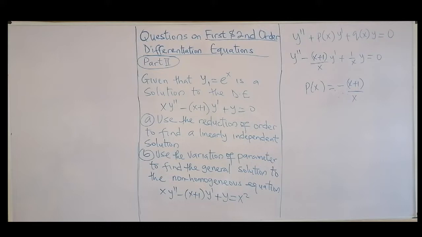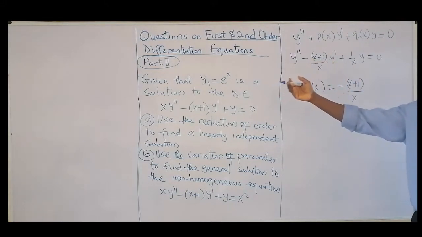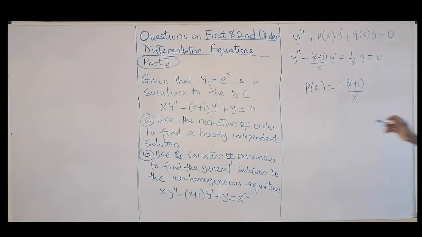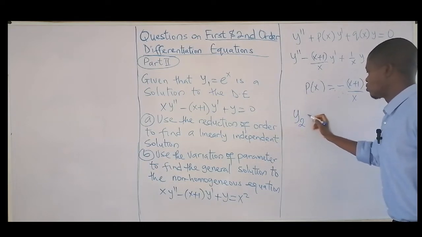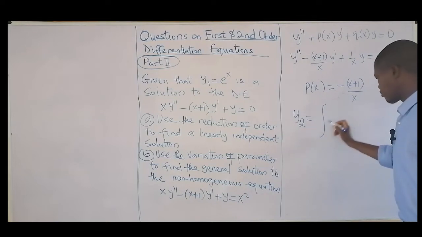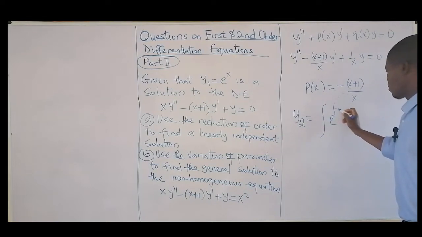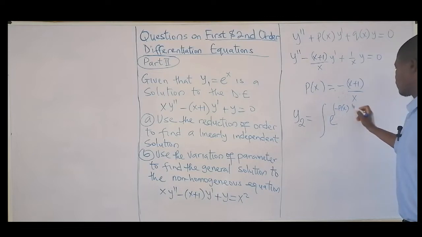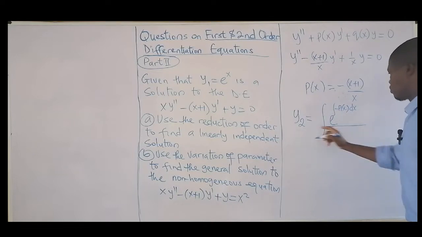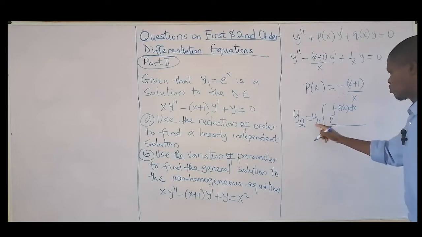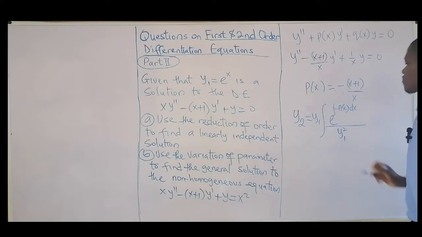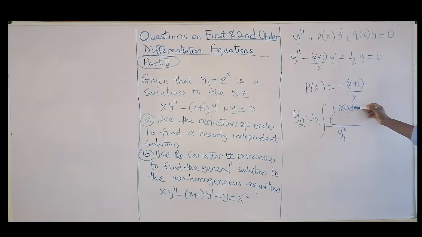And what is the equation when you have the first solution and you're looking for the second solution? The equation is very simple. The second solution y2 will be equal to y1 times the integral of exponential of minus the integral of p of x dx, all over y1 squared, dx.